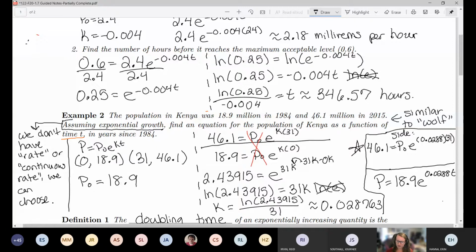It would essentially turn out to be the equivalent form of this. So 46.1 divided by 18.9, but then you would have had to take the 31st root. If I did that correctly, I'm getting something like 18.9 times 1.029 to the t.